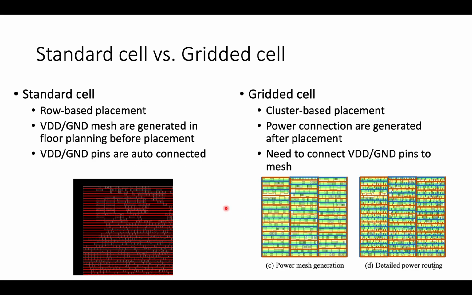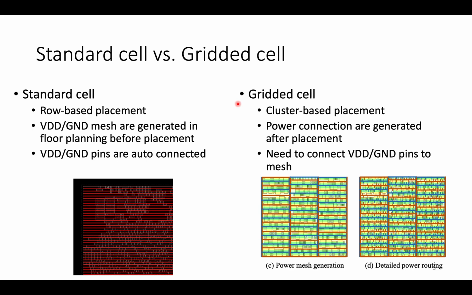So let's compare the standard cell approach versus the gridded cell approach. In standard cell, you usually use a row-based placement, and VDD and ground mesh are generated in floor planning before placement. So when the cells are placed in a row, the VDD and ground pins are auto-connected. This shows a screenshot of standard cell placement and its power design.